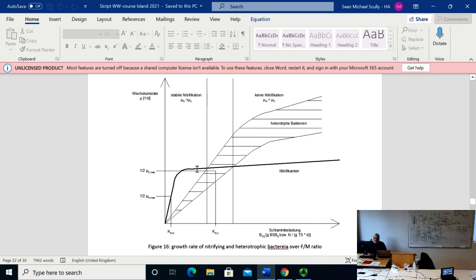And so what you have to do for nitrification is to be in the range where the growth rate of the nitrifiers is higher than the growth rate of the heterotrophs.